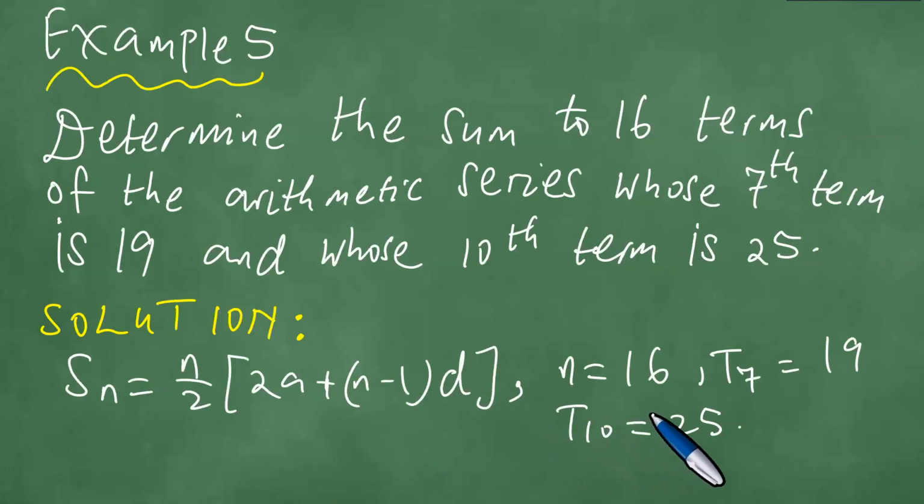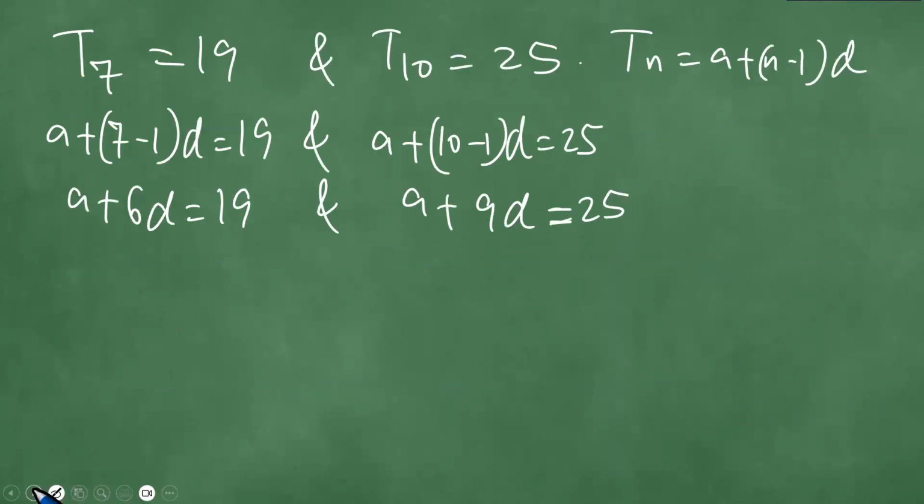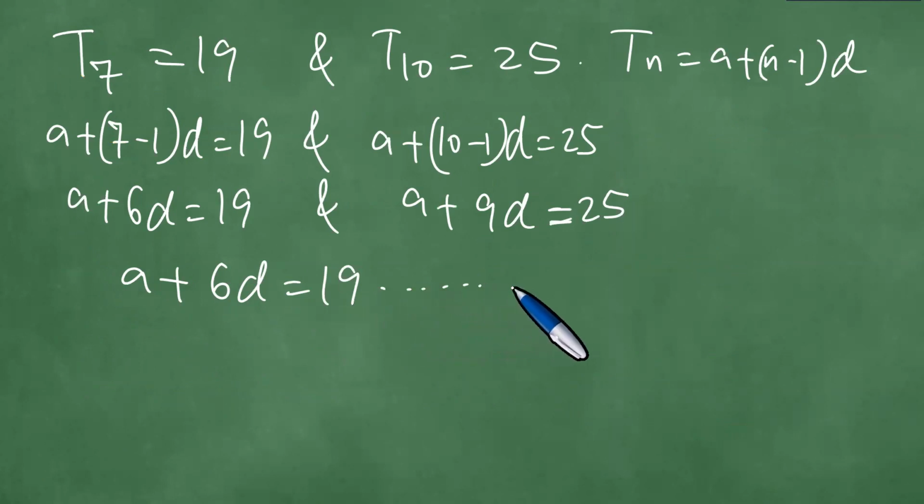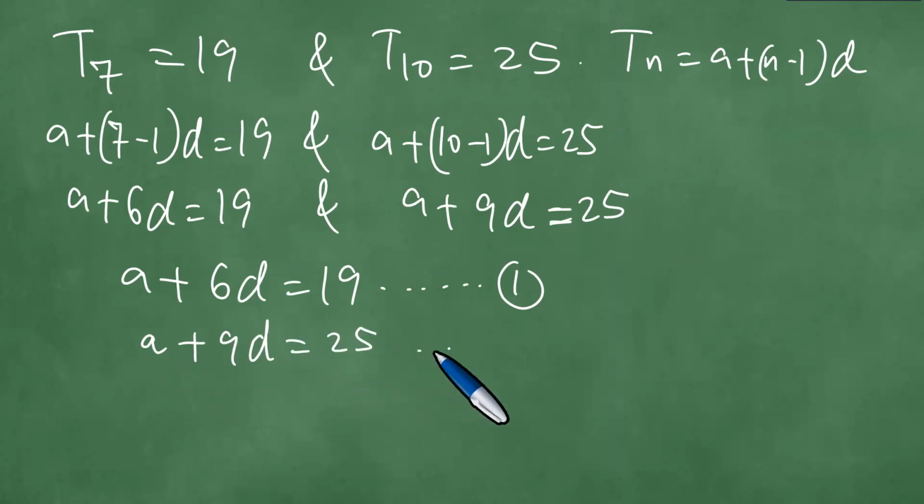We know n, we must get a and we must get d. So we must get the first term. We must get a and d out of this. Call this equation 1, and call this equation 2.